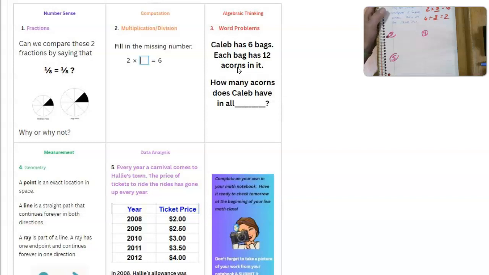Let's see, if he has 6 bags, and each has 12 acorns in it, we are going to need to either add 12 plus 12 plus 12 plus 12 plus 12, or 12 times 6 would give us that same answer.